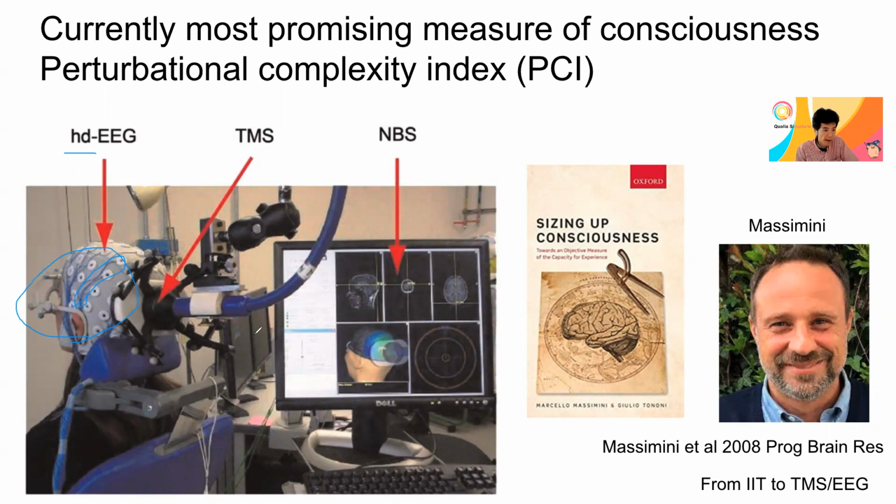Then this gigantic device is the TMS, transcranial magnetic stimulation. And this is a neurobehavioral system that precisely monitors the angle and the distance and the location of the TMS with respect to the brain and the EEG. That is important to do this experiment.